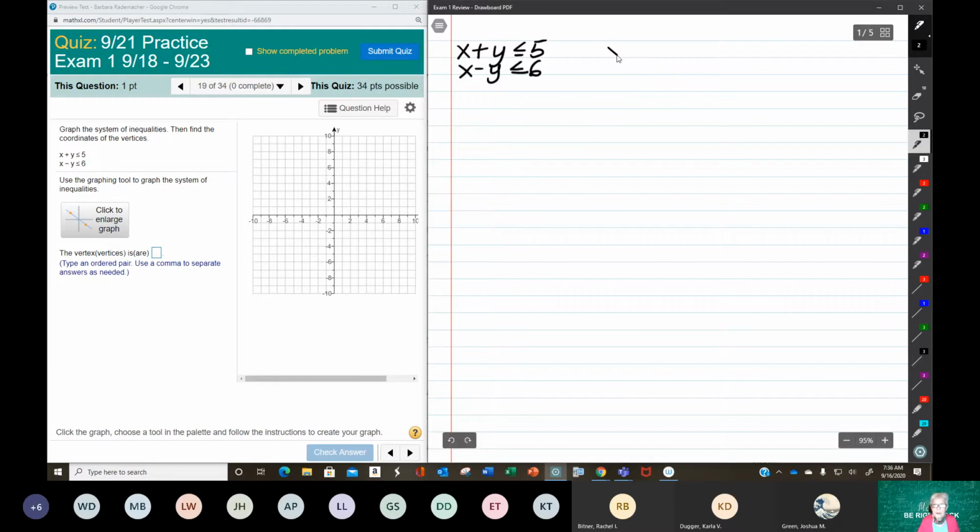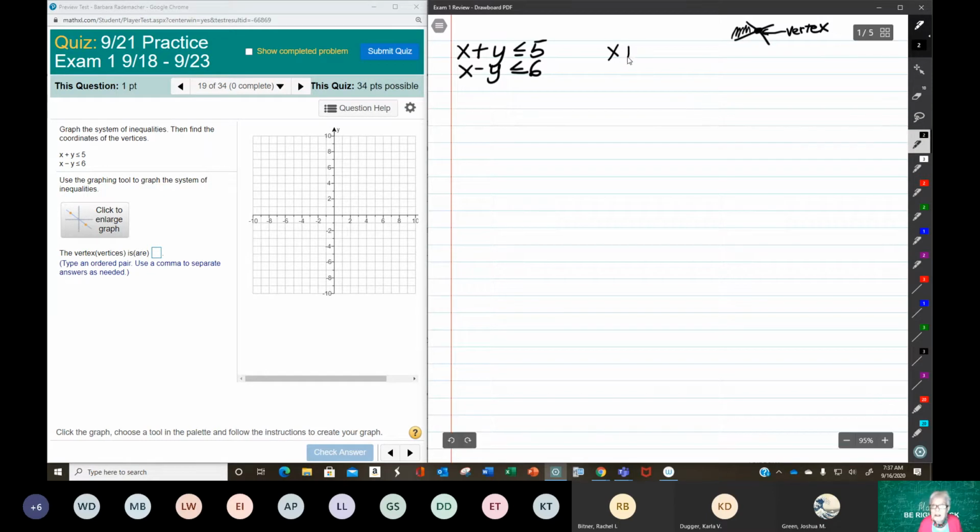And so what you do is, since there are only two lines here, they're going to cross somewhere. That's the vertex right there, okay, where the two lines cross. And then you'll have the shading somewhere, maybe there, wherever it is.